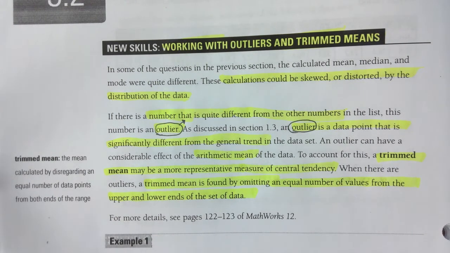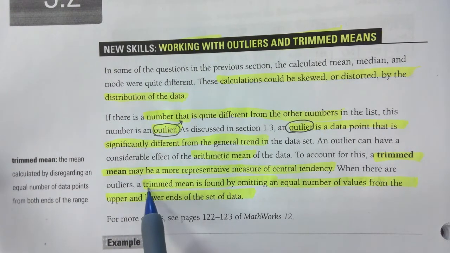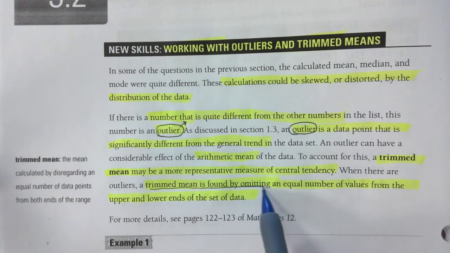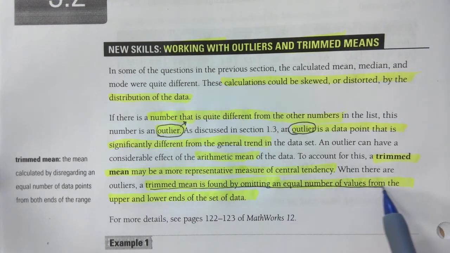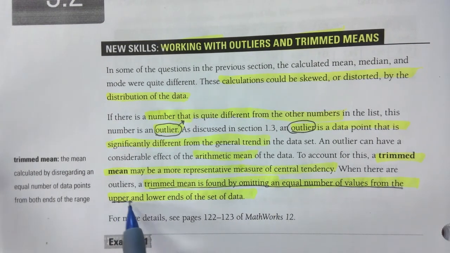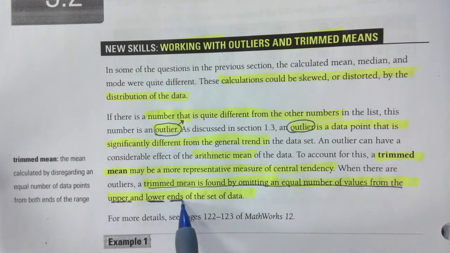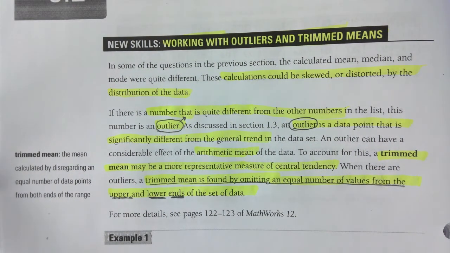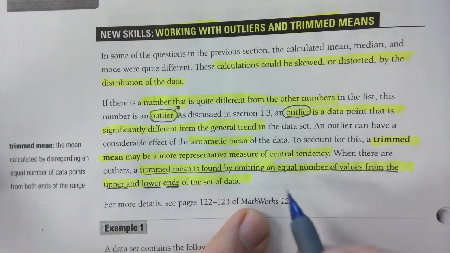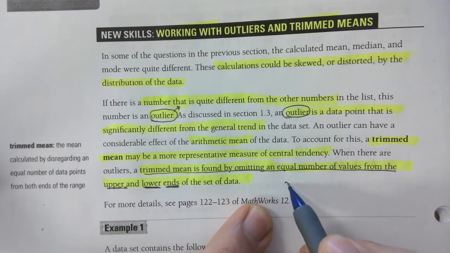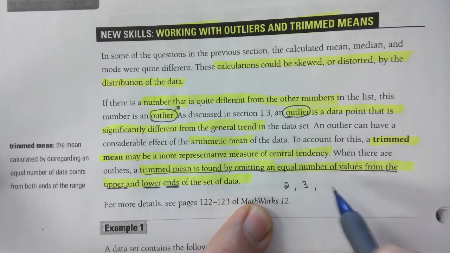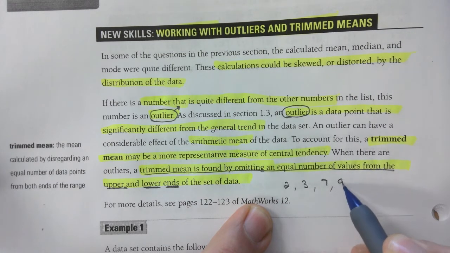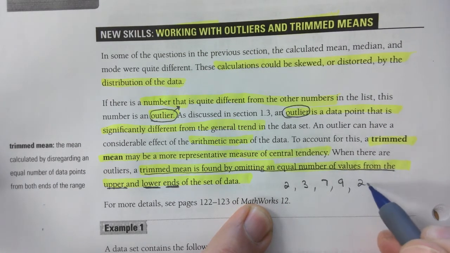Okay, so this is very important here. Trimmed mean is found by omitting an equal number of values from the upper and the lower ends of the data. So what that means, and we're going to talk about that in a bit, let's say you have 2, 3, 7, 9, 20.